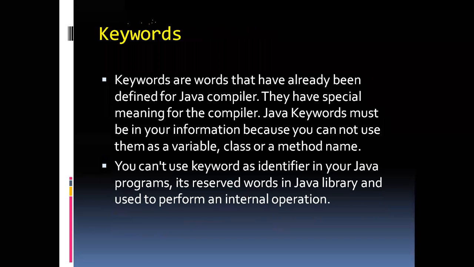Already we have the rule of keywords. What is meant by keyword here? One of the identifier rules, the third rule, is that keywords are not allowed to declare the class name. Keywords are words that have already been defined for the Java compiler.